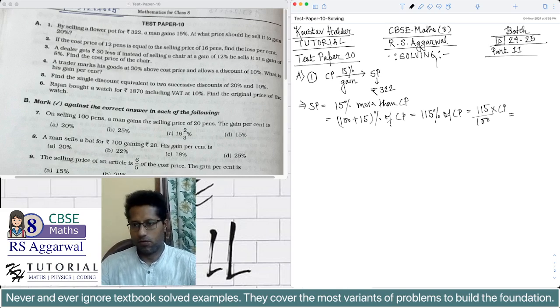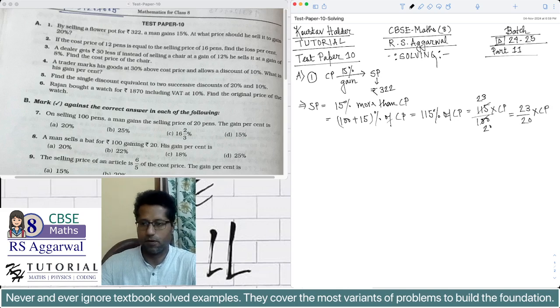If I simplify 115 by 100, dividing by 5, we have 23 by 20 multiplied by CP, where CP is the cost price of the flower pot. So the selling price is 23 by 20 multiplied by CP based on the gain percent of 15%.